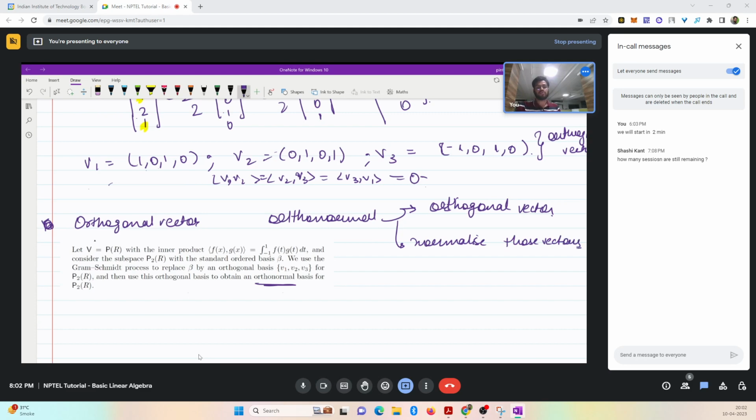For example, if you have v1, you will make v1 new as v1 by norm of v1. After you have obtained the orthogonal vectors, if you have v2, you can do v2 by norm of v2, and call it new.